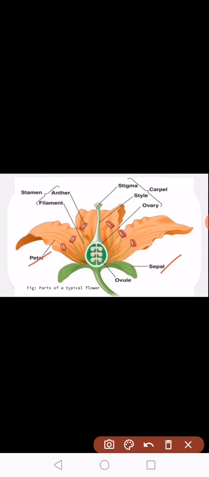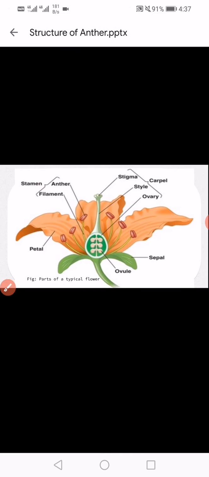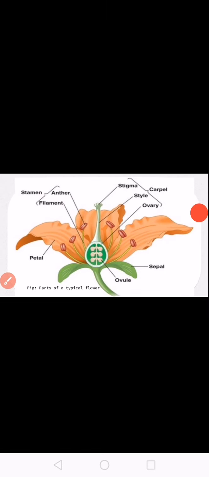Now next to the petal, stamens as well as carpels are present. These 2 parts are involved in the process of reproduction of a flower. Because of this nature, they are referred to as reproductive organs. So these are the parts of a typical flower.